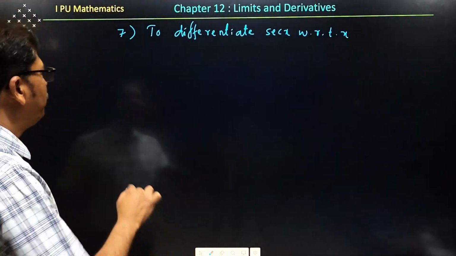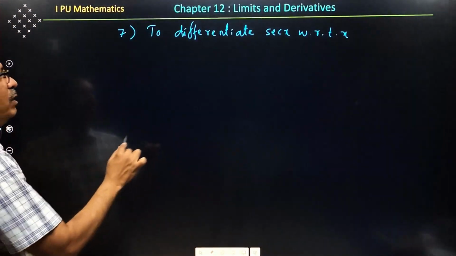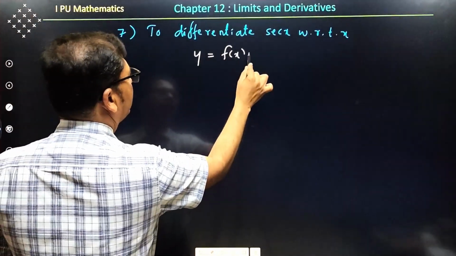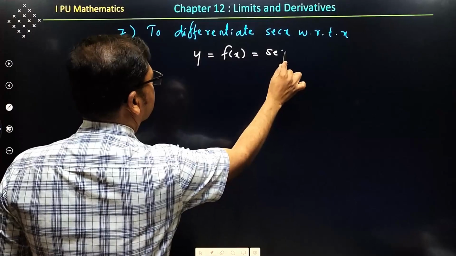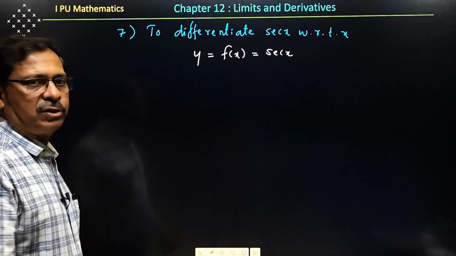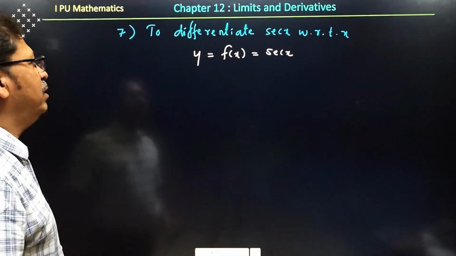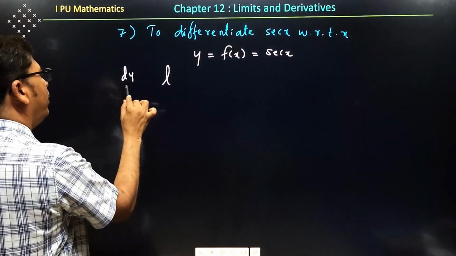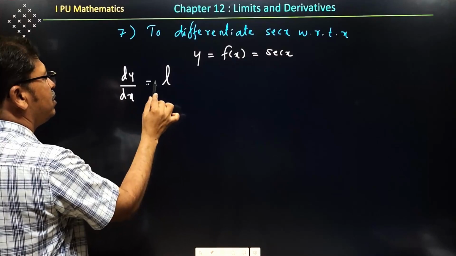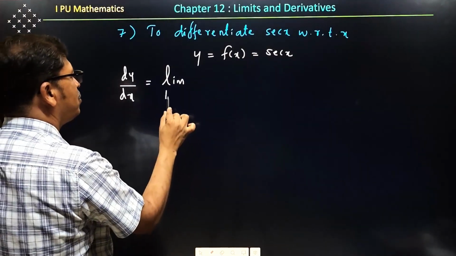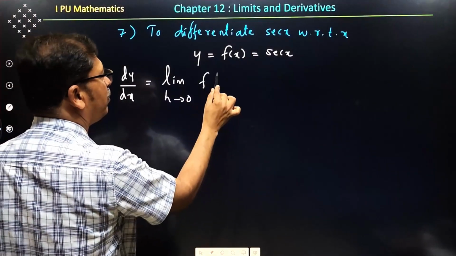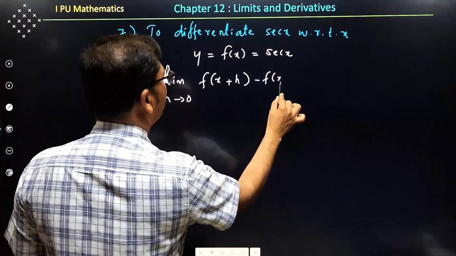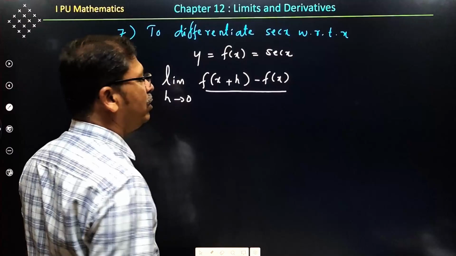So this is the situation here. Let me take into consideration y, which is equal to f of x, and this is nothing but sec x. This is the given function, and what is the basic definition here? dy by dx from first principles is equal to limit h tends to 0 of (f of (x plus h) minus f of x) whole divided by h.